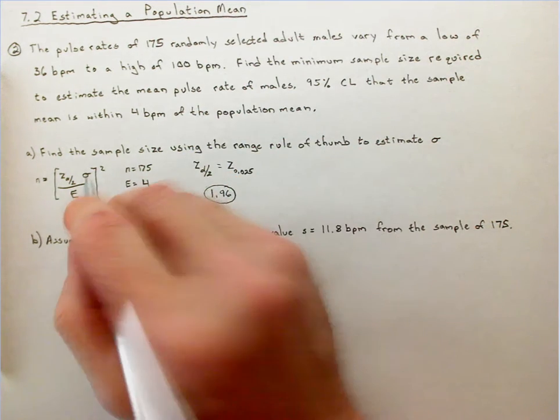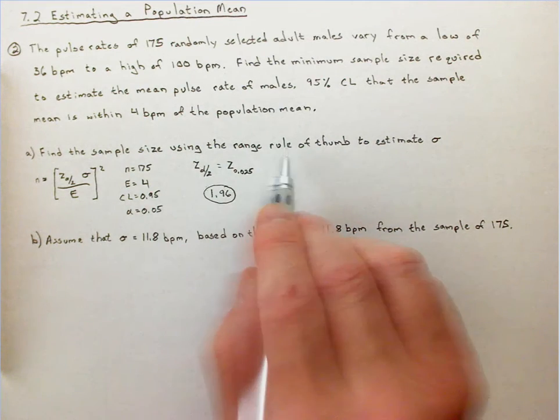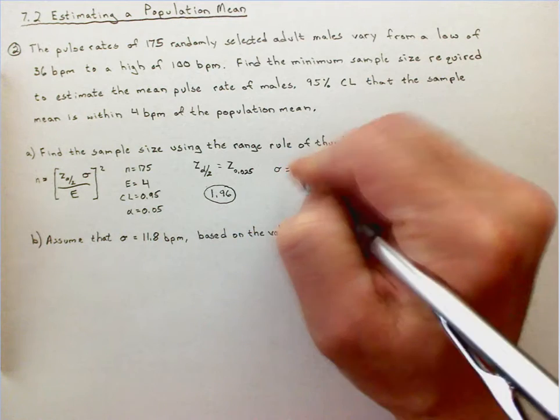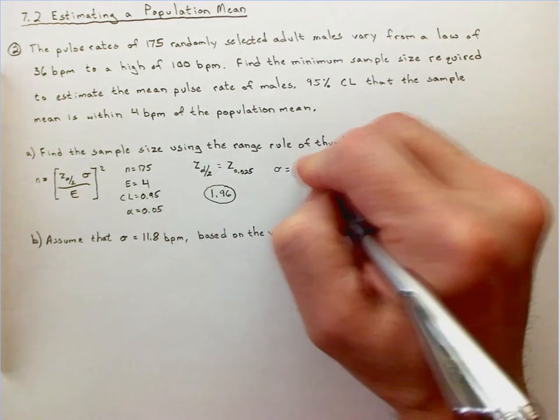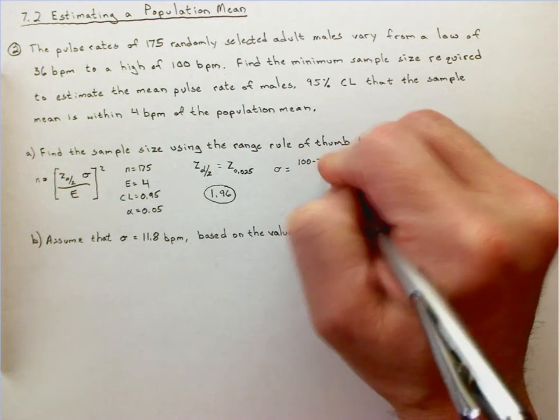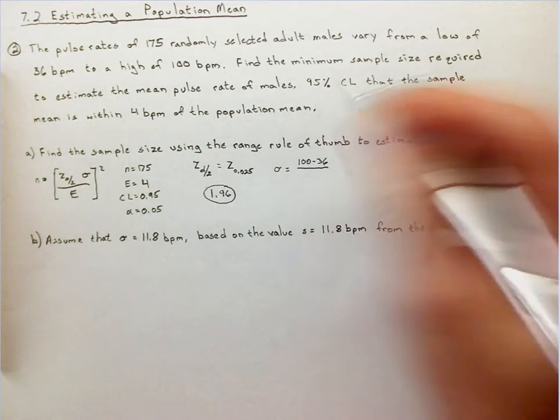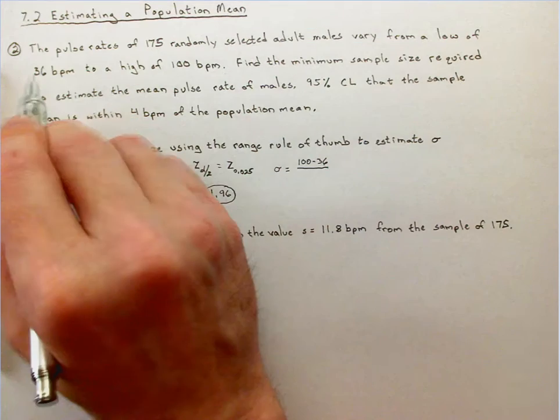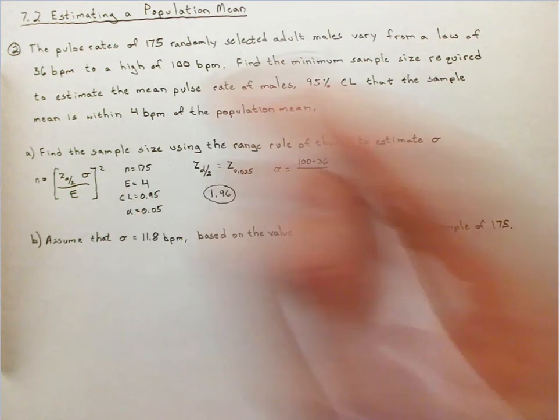And for my standard deviation, this one wants me to use the range rule of thumb. So I know that that is just going to be the difference between my max and my min of what I'm looking at. And what I'm looking at with these is a low of 36 beats per minute and a high of 100 beats per minute.